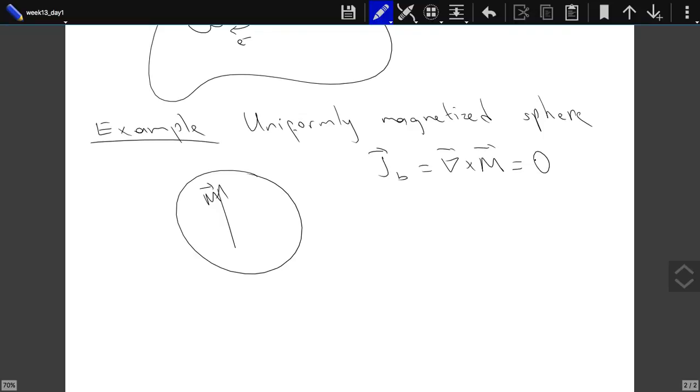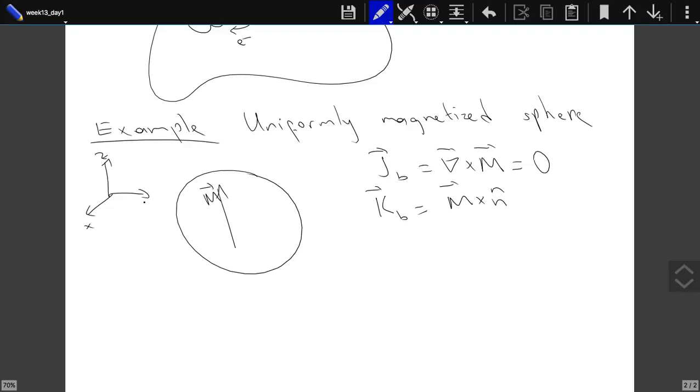So outside there is no current. Inside there are no effective currents. There are cancellations between the effective currents of neighboring dipoles. They just cancel exactly. Now we can talk about the surface current. This is M cross n hat. To be able to calculate it explicitly, let's just choose some coordinate axes.